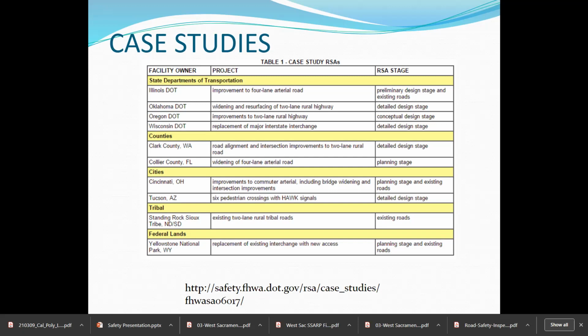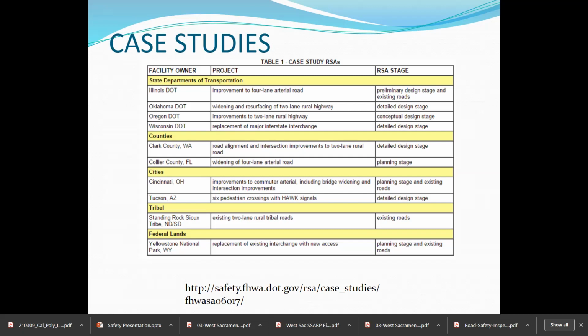And you could see this also gives you an idea about what kind of roads are managed by what type of agencies. So state DOTs will typically maintain arterial roads, large arterial roads, major arterials, major interstate highways, or even rural two-lane highways. So that's your DOT's level. Counties are sometimes managing two-lane rural roads, or sometimes arterial roads.